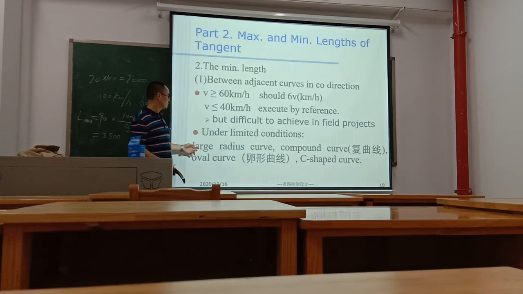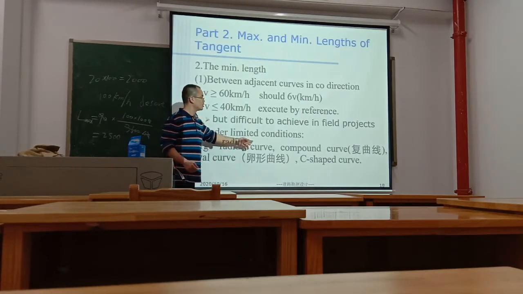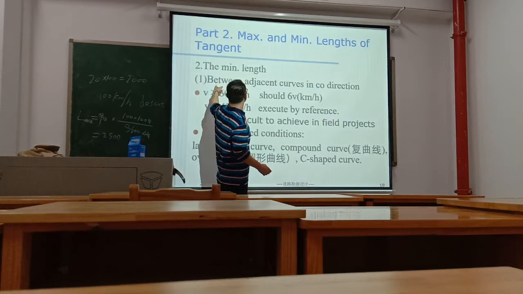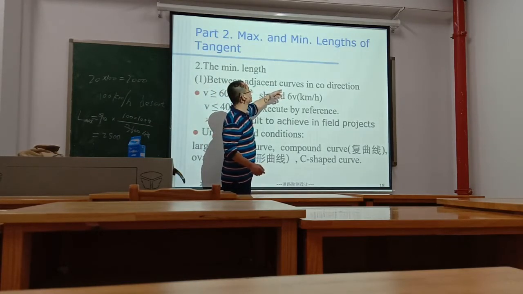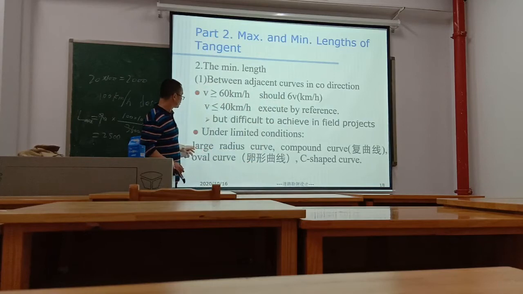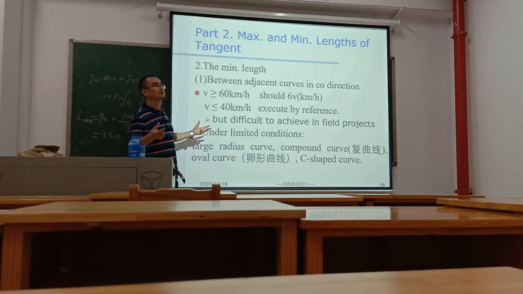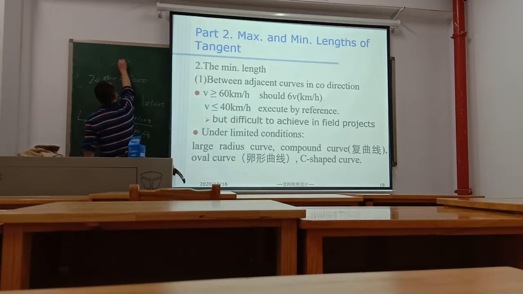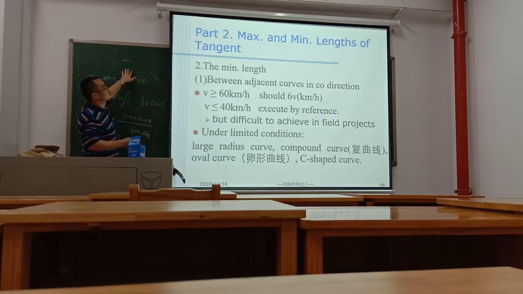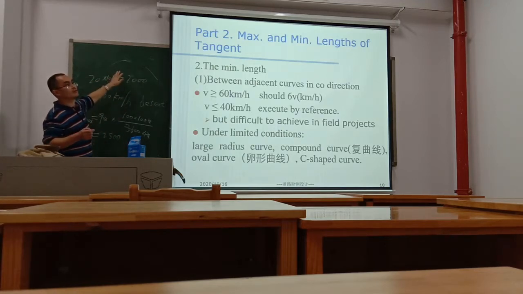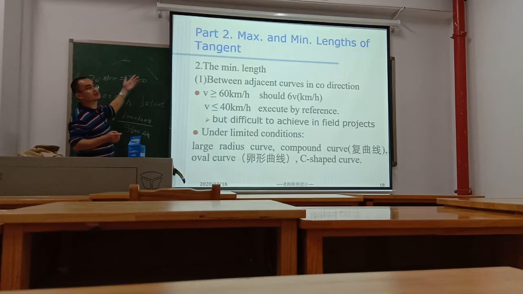We can use a larger radius cap to replace two adjacent caps. If the length of the straight line between adjacent caps is very small, it's not safe.